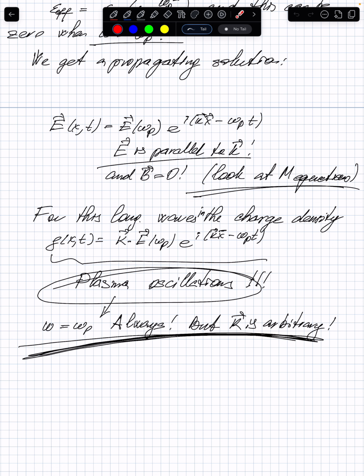They happen exactly when the frequency equals the plasma frequency, and that's the origin of the name. This effect always happens when the frequency equals the plasma frequency, but in this case k, the wave number or wavelength, can be arbitrary. It happens at a given frequency, but at an arbitrary wavelength or wave number.